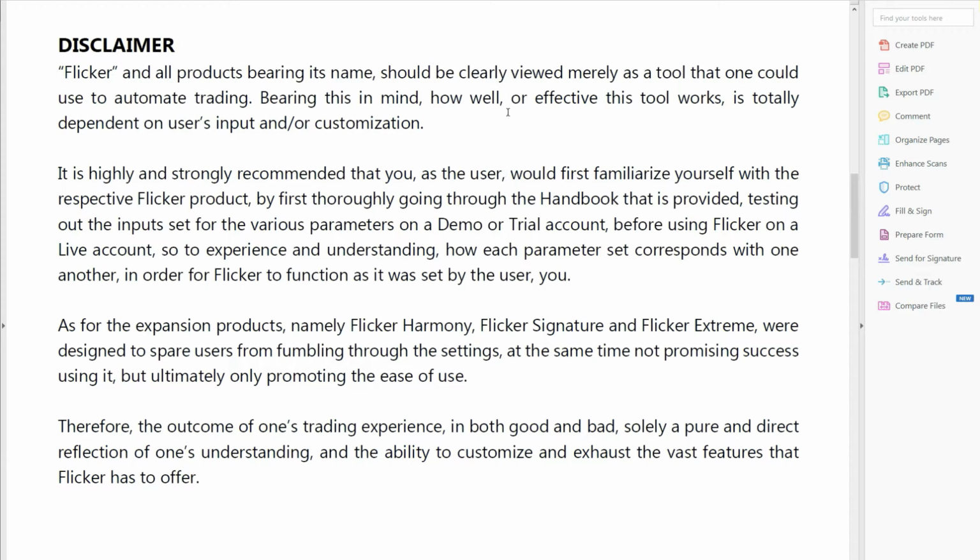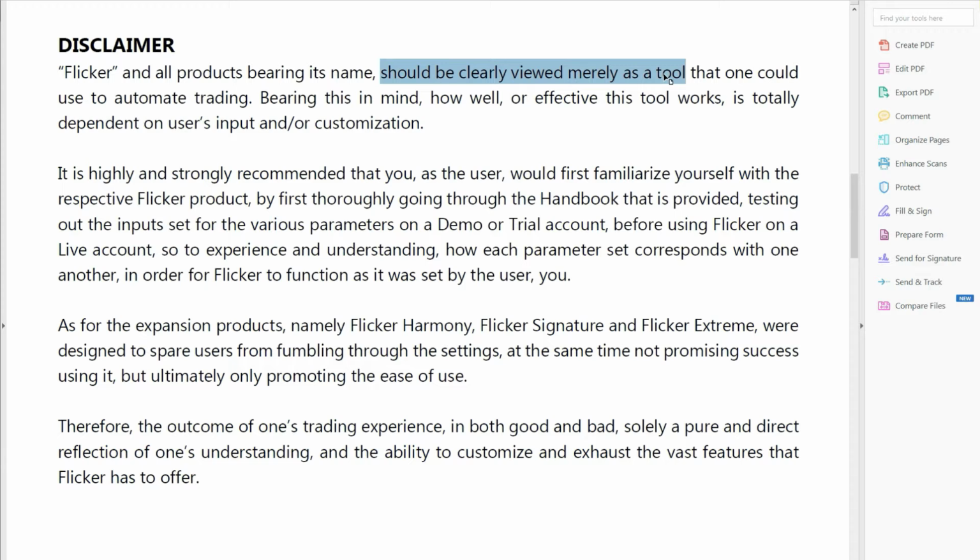An EA should be clearly viewed merely as a tool. It's something that you can use, and how it functions and how effective it is is entirely up to the user.